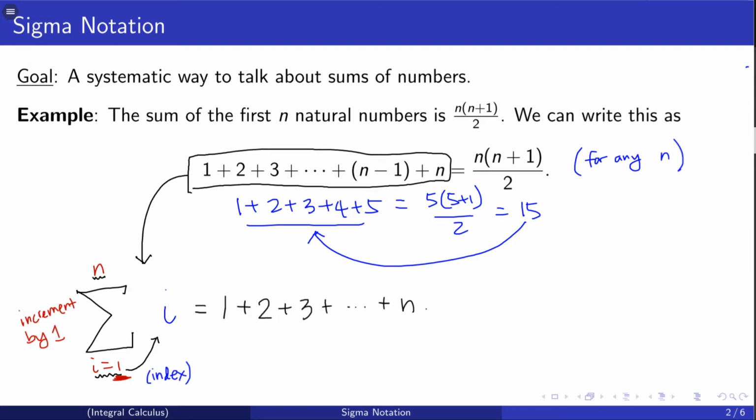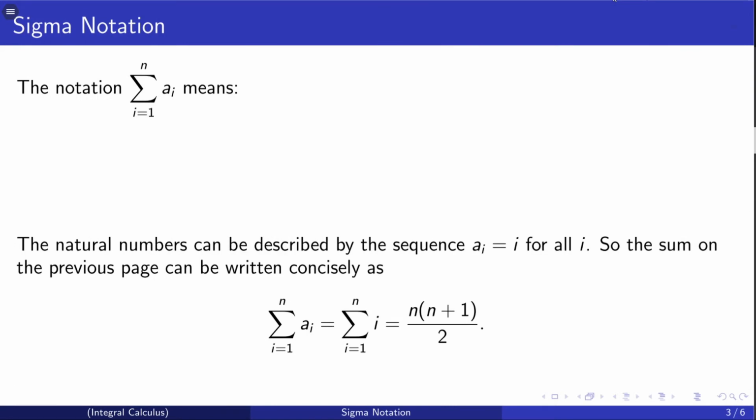Right? And so in general, what this looks like is the following. The notation sigma, or sum, from I equals 1 to n of a sub I simply means, again, just start from the number 1, plug it into a sub I, so that's a sub 1, whatever that is, then take the next integer up, a sub 2, when you plug in I equals 2, and again so on until you plug in n minus 1 and then n.